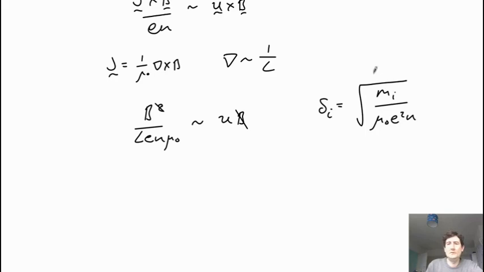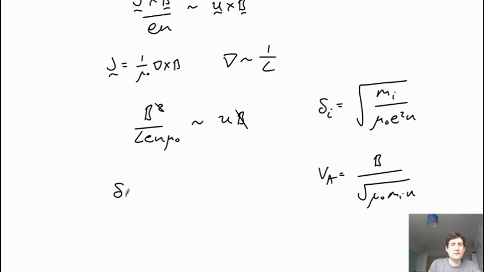So using this quantity, which is a length, and the Alfvén speed, we can rewrite this expression here. I can just write that delta_i over L is roughly equal to U over V_Alfvén.